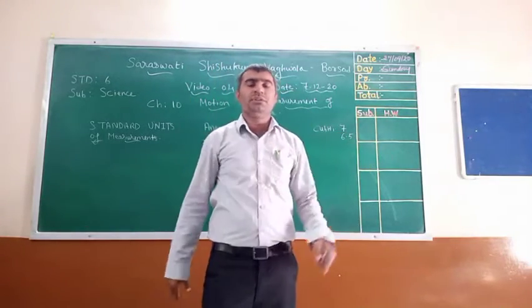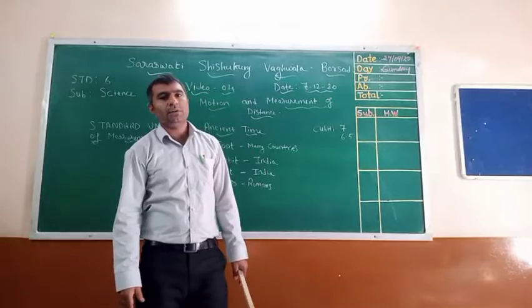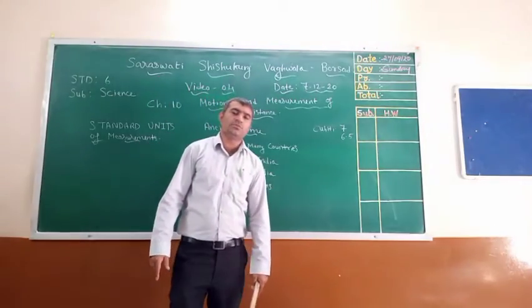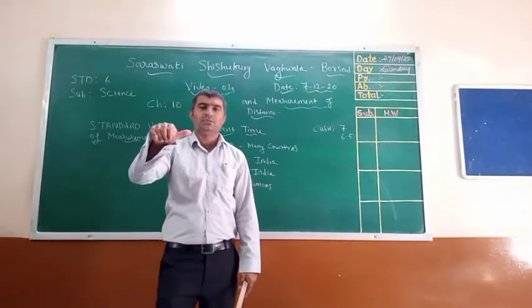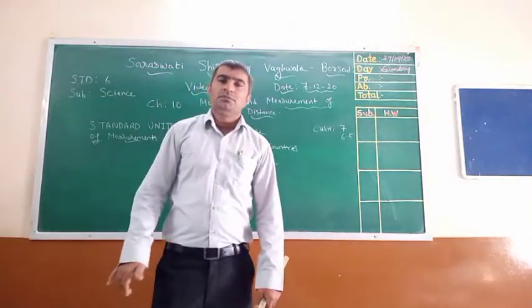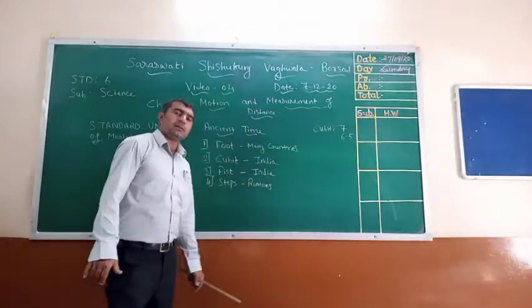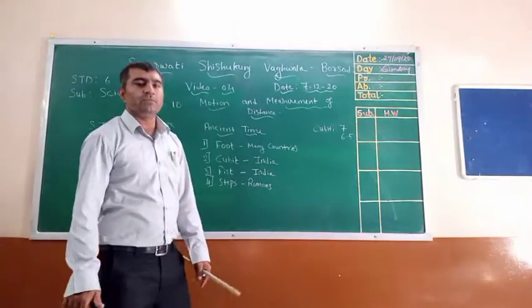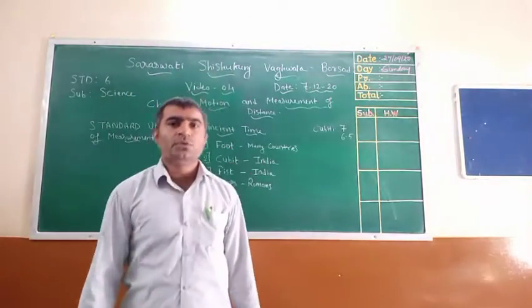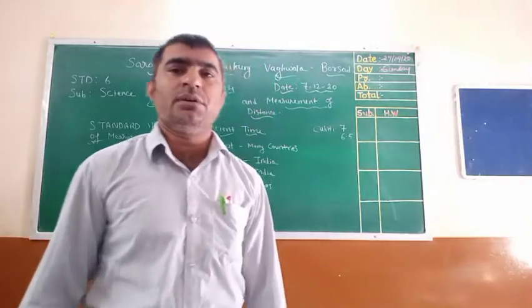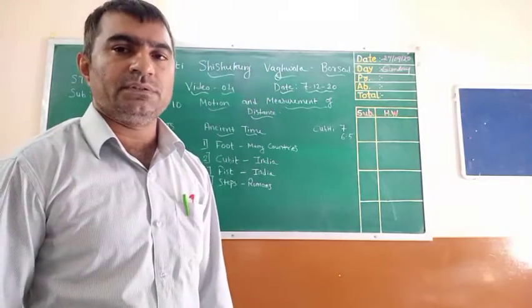Cubit is used nowadays also, and some flower sellers are also using feet, right? So in India nowadays also people are using some body parts to measure the length of any distance.